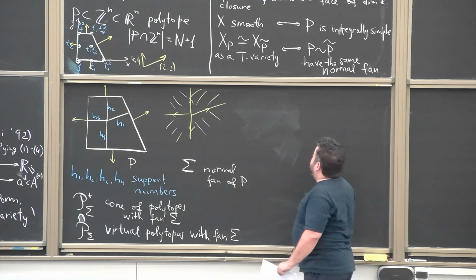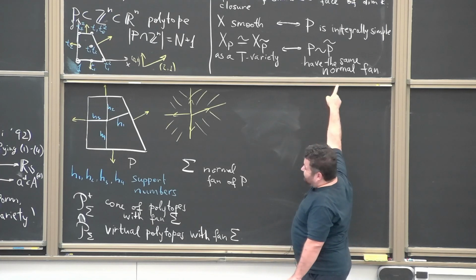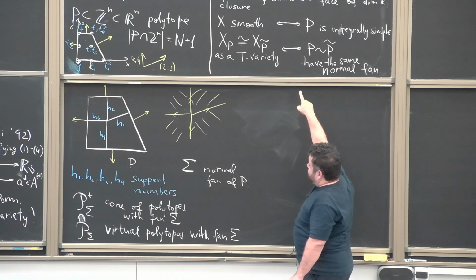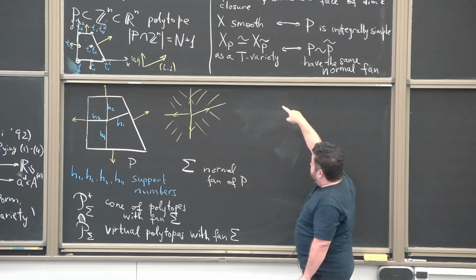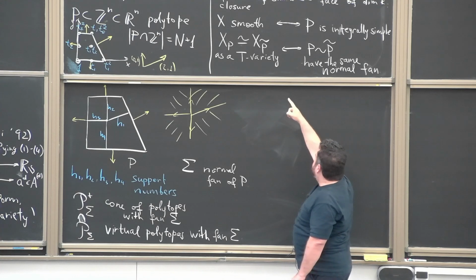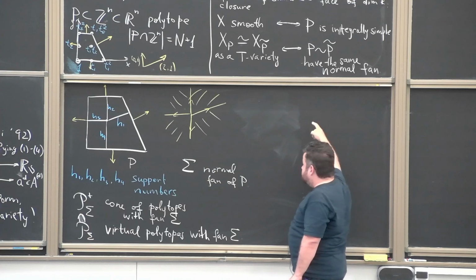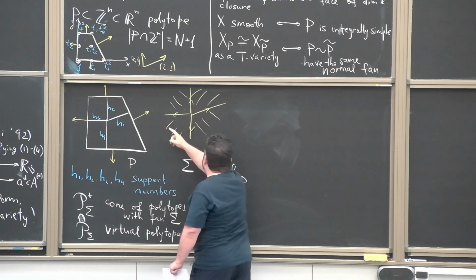My divisors correspond to facets. Orbit closures of codimension 1 correspond to facets of my polytope or to rays of my fan.